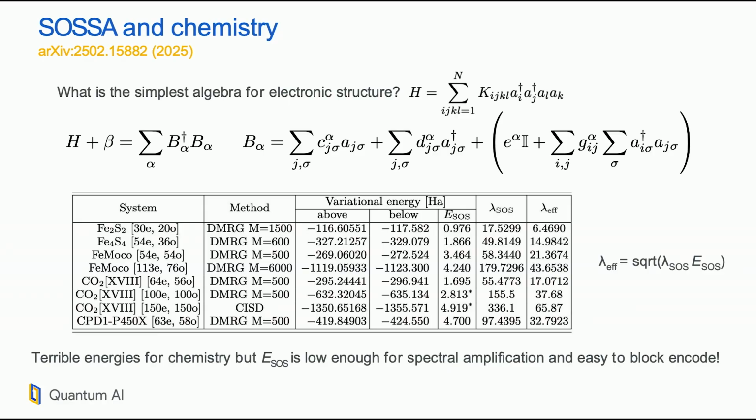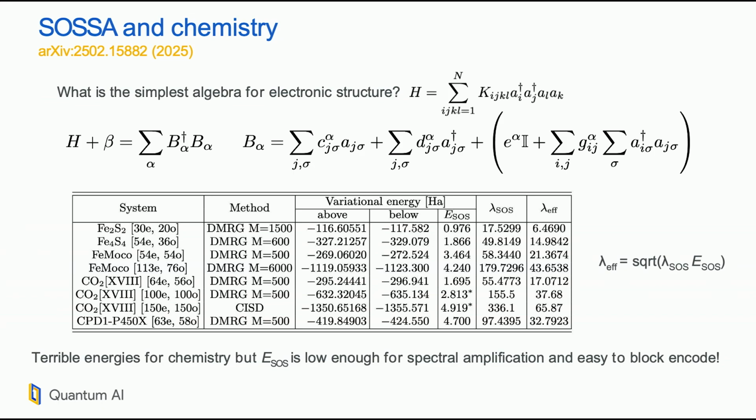Namely, beta is very close to the ground state energy, usually like 0.01 in the units of the problem. But here, what we're going to do is use a much more sparsified form of the algebra. This is actually a subcomponent of all of the quadratic ladder operators that you might imagine expecting at the full level 2.